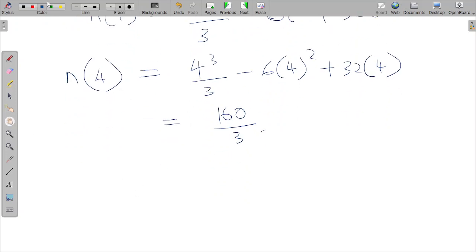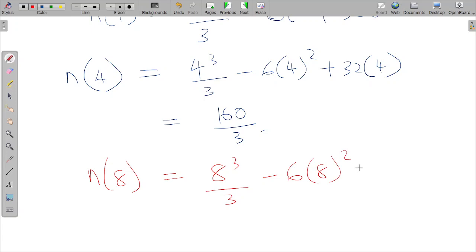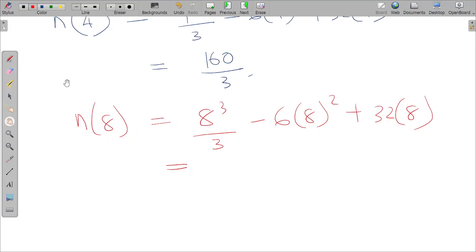I need to also evaluate it at 8. N of 8 means 8 cubed over 3 minus 6 times 8 squared plus 32 times 8. Again, I will be getting 128 over 3.